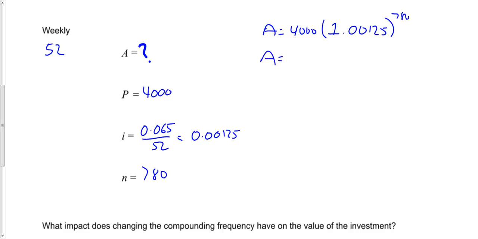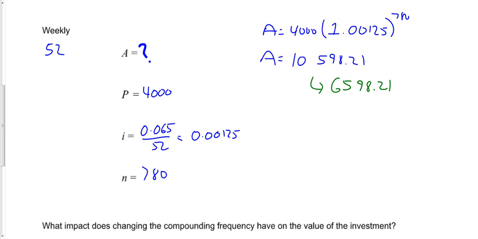So 1.00125 raised to the exponent 780 times 4,000 gives me $10,598.61. So his interest, if I subtract the original $4,000, is now $6,598.61.